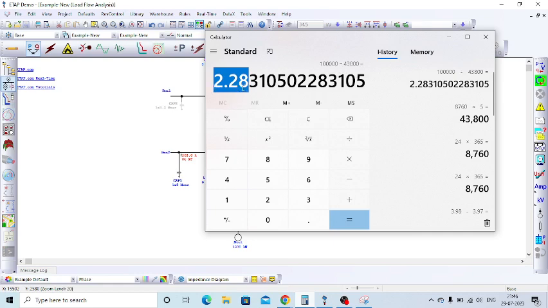So 2.28, rounded off, I consider 2.3. So in 2.3 years I can save that much cost in the electricity bill. So that is the economic factor. Suppose this factor here is 2.3.